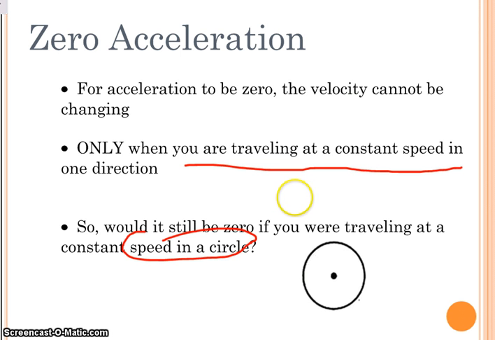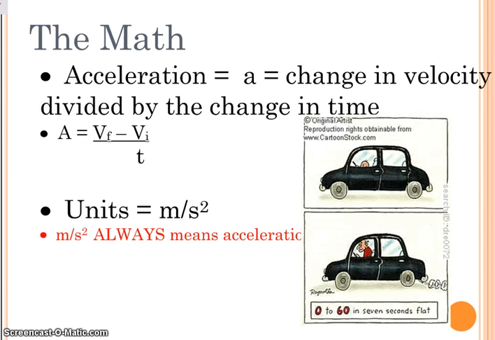You ready for the answer? Alright, here it comes. You are still technically accelerating because you are constantly changing your direction at that point in time. So, as we're traveling around the circle, we're changing our direction. Therefore, we are still accelerating. I know we're not changing our speed, but we're changing our velocity, which by definition is a change in acceleration.